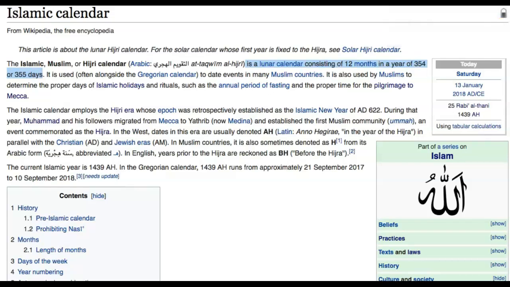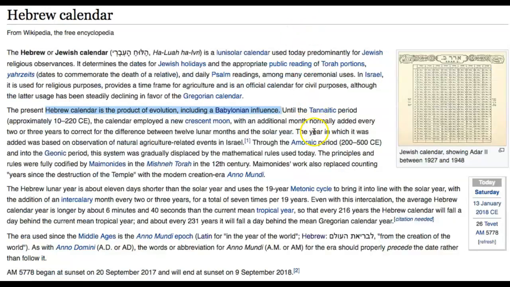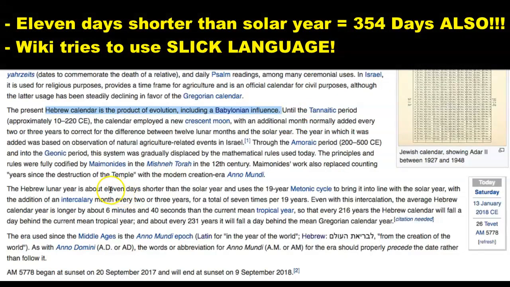So you see right here, the Islamic calendar is based on 354 or 355 days to mark their year, and it started around the fall time, around September 20th or 21st of 2017, just like the Jewish calendar. It's the same thing, 11 days shorter than the solar year. The solar year is 365, subtract 11 from that, and you get 354, and it started around the exact same time as the Islamic calendar.